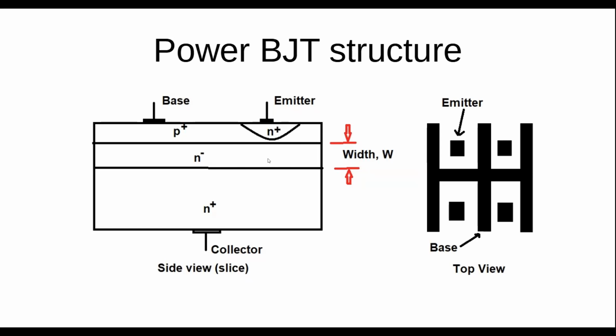If the idea is to switch very quickly, there are applications where you need to be able to switch on and off very quickly, and applications where the switching doesn't have to be as fast.